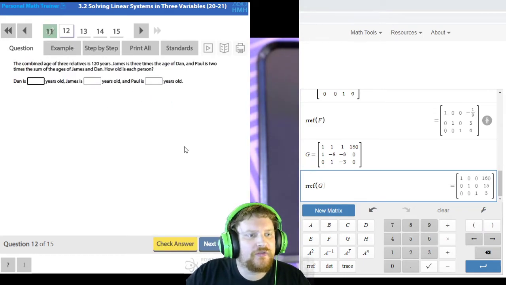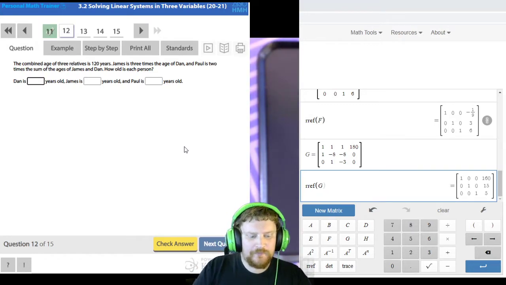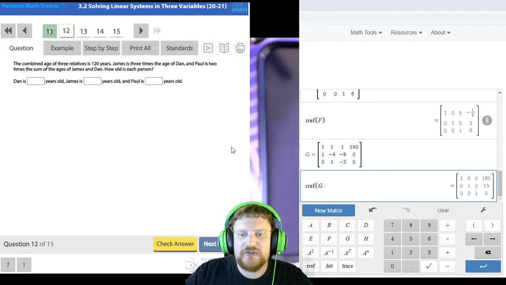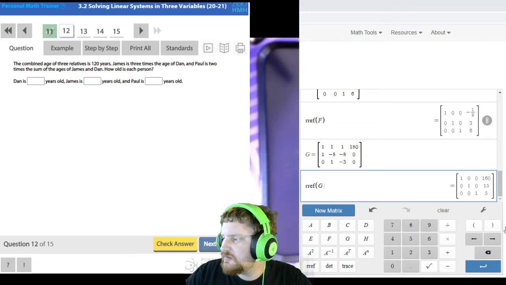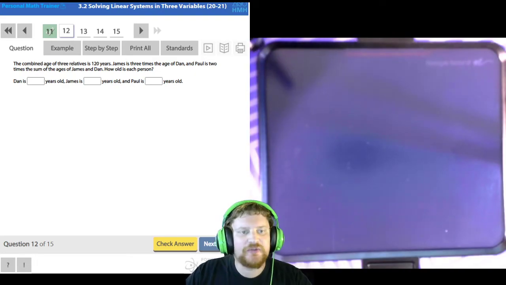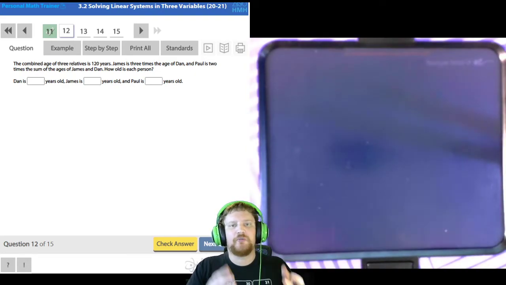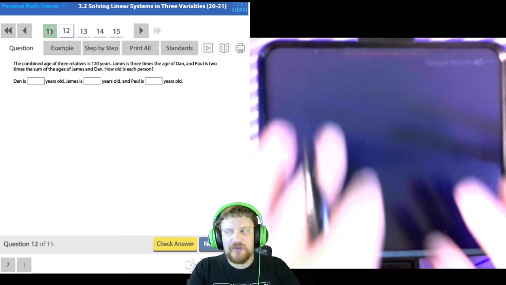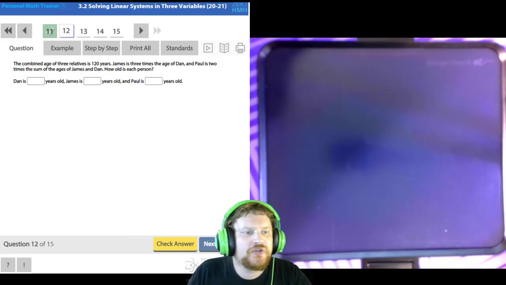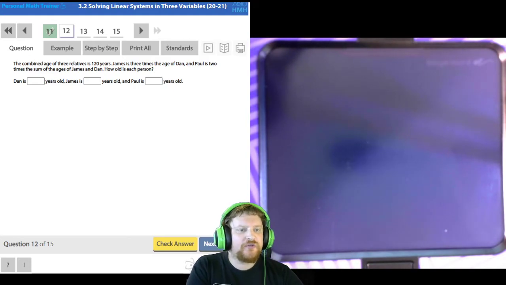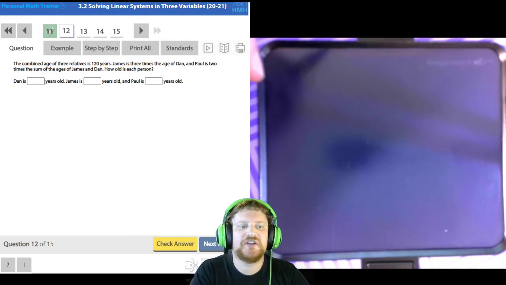All right, number 12. Once again, we're going to be using some detective skills to pull numbers out of the problem and get them into an equation. So the combined ages of three relatives is 120 years.